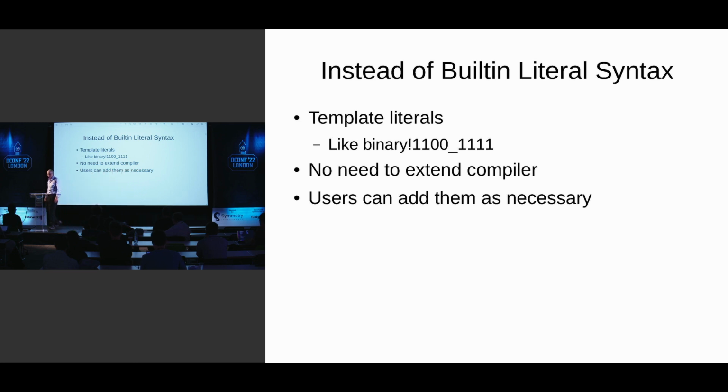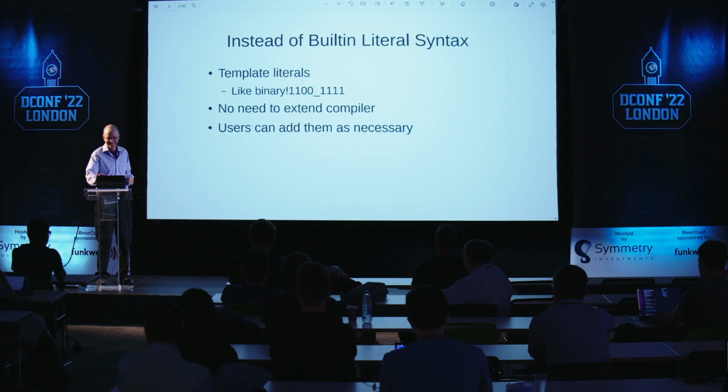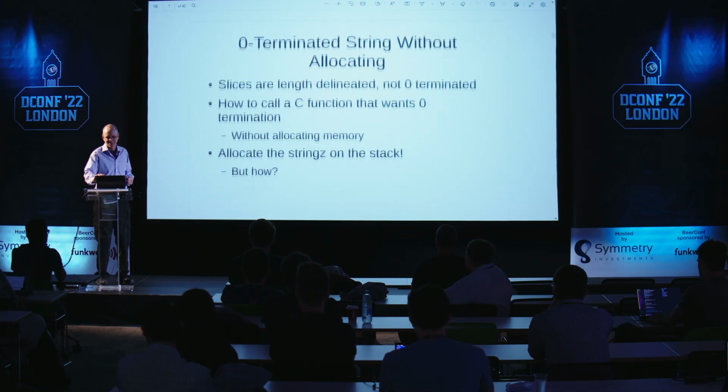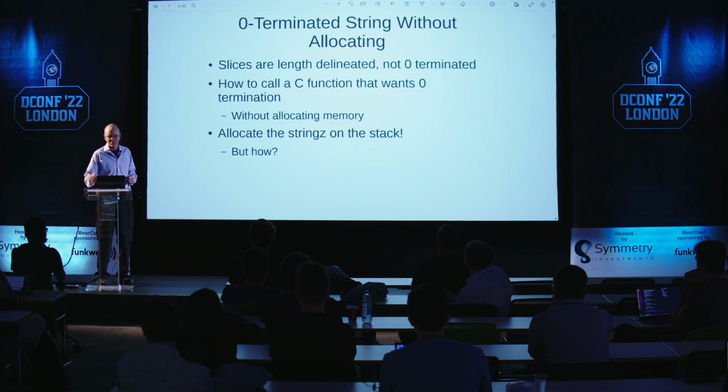Don't need to extend the compiler, which is really important, because when you have a need for a special numeric type, you can create it in D without, like what Manu did was send me emails saying we needed to support half float in the compiler. I'll get into half floats later.